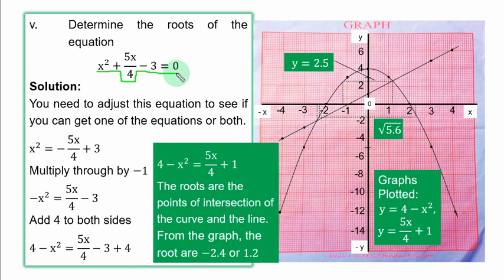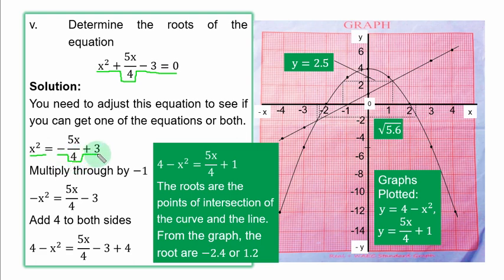First, the term that contains s squared, that is quadratic, let it be on one side, and the linear term on the other side. So you have s squared equal to, if you transfer plus 5s over 4, it becomes minus 5s over 4. If you transfer minus 3, you have plus 3.